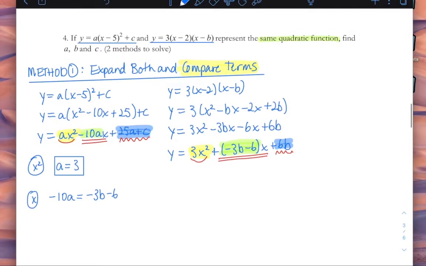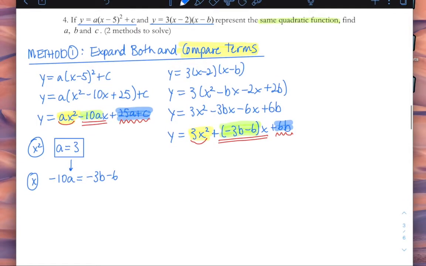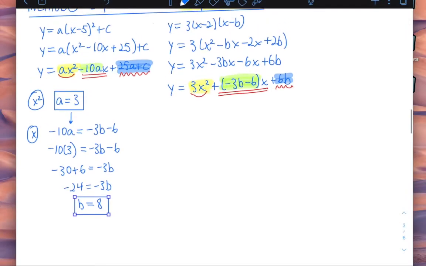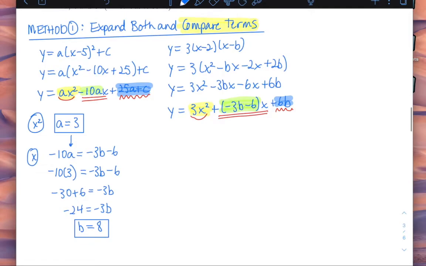But we know what a is. We already found it. All right, so we know our b term.